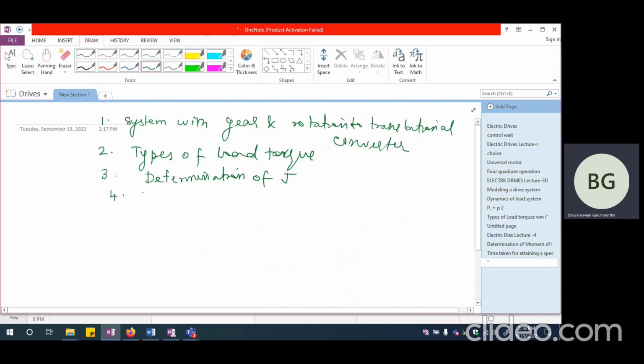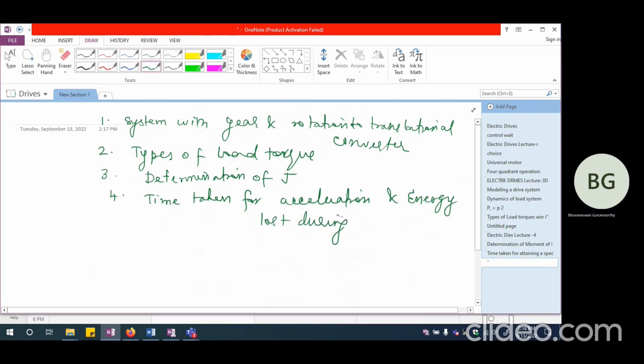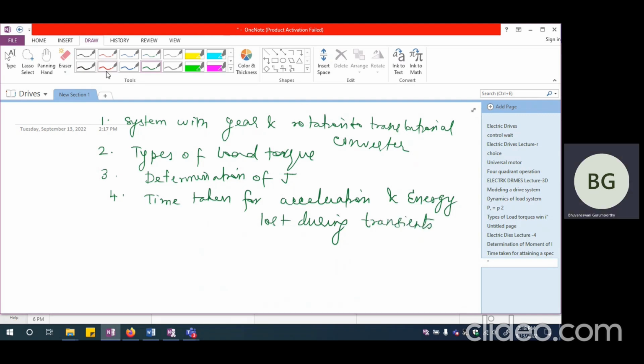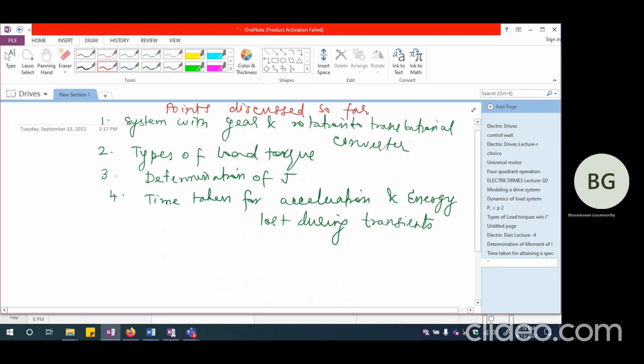And the fourth thing we just now saw was time taken for acceleration and energy lost during transients. So these are the 4 points that were discussed so far.